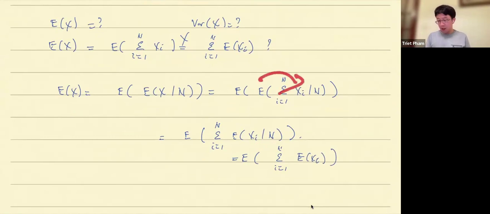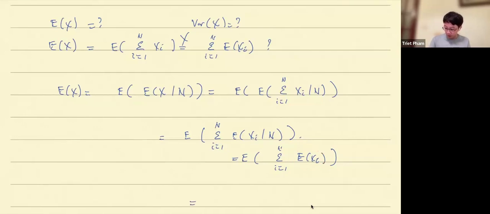At first you pass the expectation through via conditioning, and then you drop it because xi is independent of n. But then something nice happens because the xi are identically distributed, so their expectations are the same number.